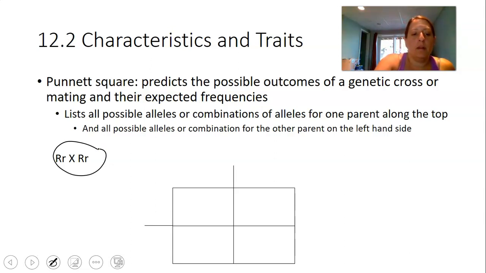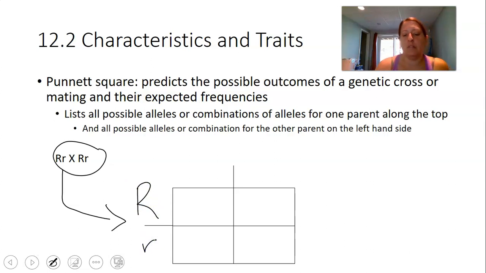I'm going to take one parent and put its potential gametes here on the left. So if I have a kernel that's big R, little r, okay, so meiosis is going to occur in that plant, and half of the gametes produced in that plant will contain the dominant allele, and half of the gametes produced in the plant will contain the recessive allele. Okay, got to understand meiosis.